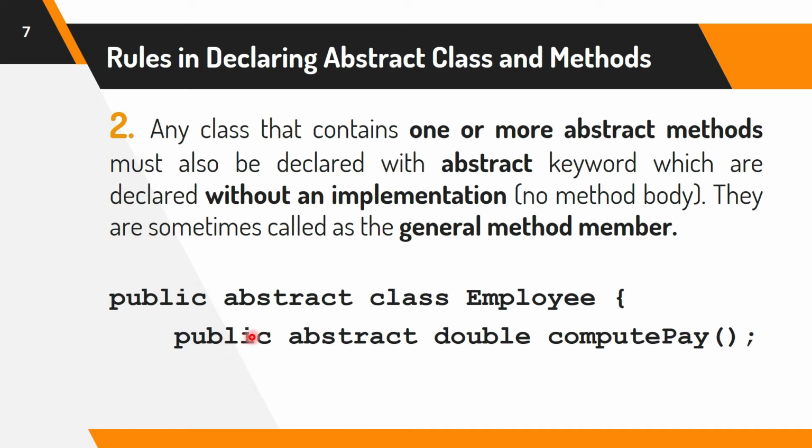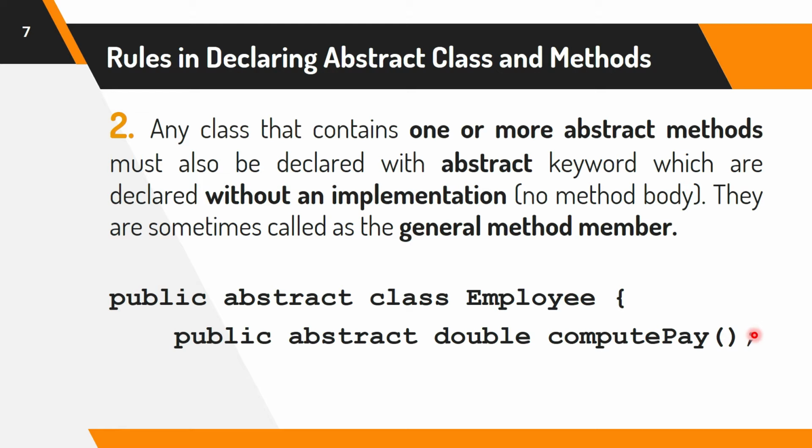It's either only public, protected, or none. Then the keyword abstract, the return type, and the name of the method. Since there is no implementation, we will use a semicolon.